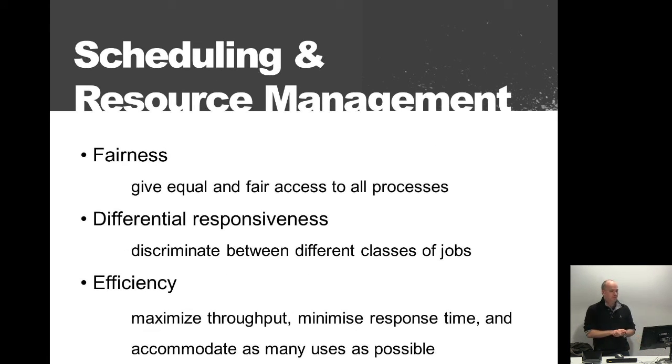So what are the main components? You want to be fair, especially when you are dealing with different types of users. You want everybody to feel that they have the same amount of processing power. You don't want the first user to get 90% of the processing power and the other one sharing 10%.